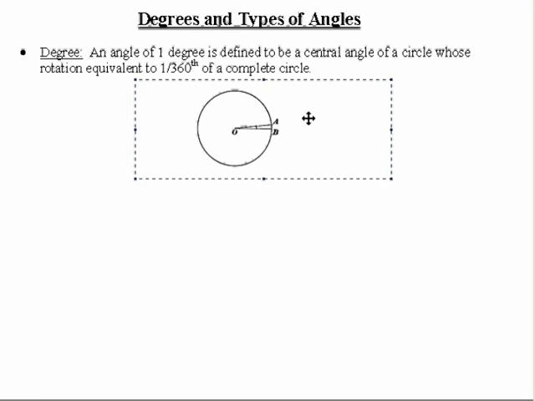Here's a picture of a 1-degree angle. And we could say that this 1-degree angle cuts an arc right there from the circle, or subtends an arc. That's 1/360th of the length of the total circle or its circumference.